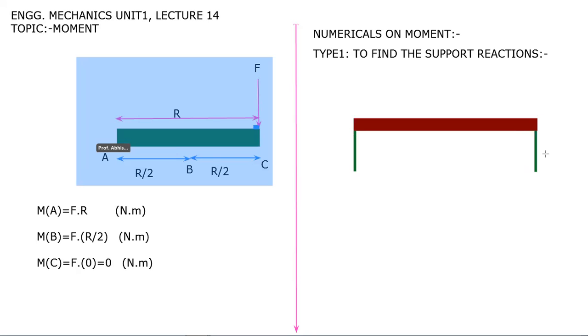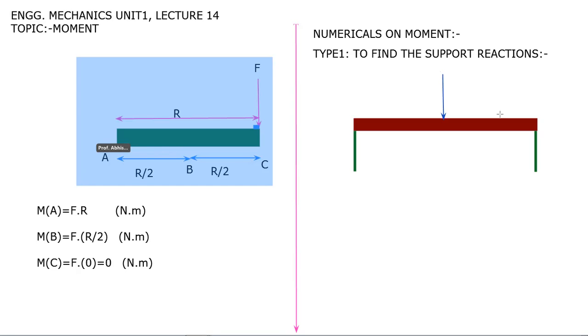Now you can see the green color supports for this beam. In the exam you might get such a beam with certain forces imposed over it, such as this force, which is a point load imposed at the center. The distances are also given.